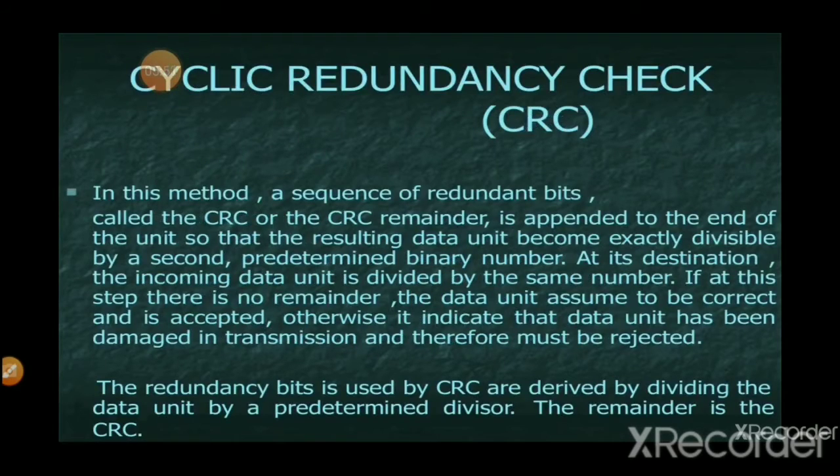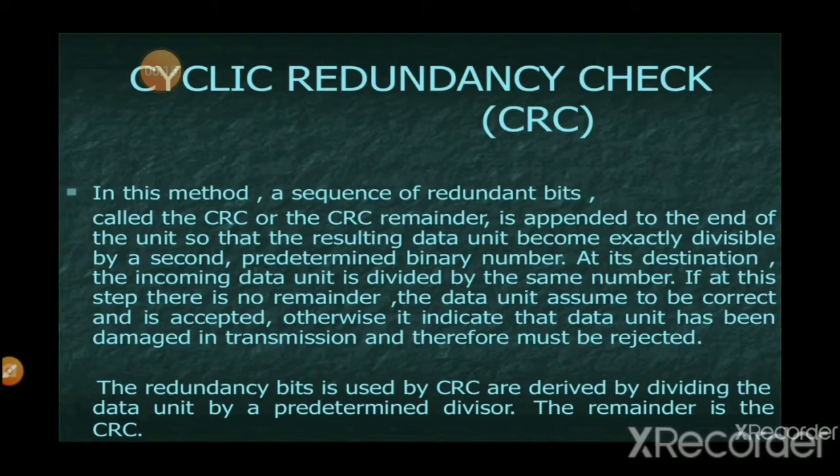Cyclic redundancy check. In this method, a sequence of redundant bits called the CRC, or the CRC remainder, is appended to the end of the unit so that the resulting data unit becomes exactly divisible by a second predetermined binary number.